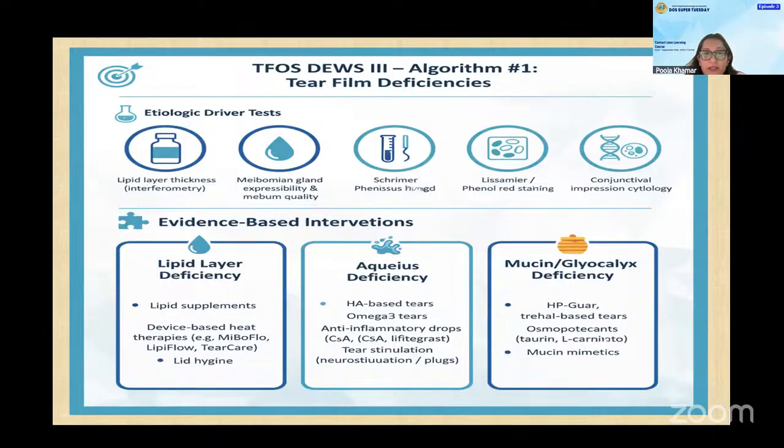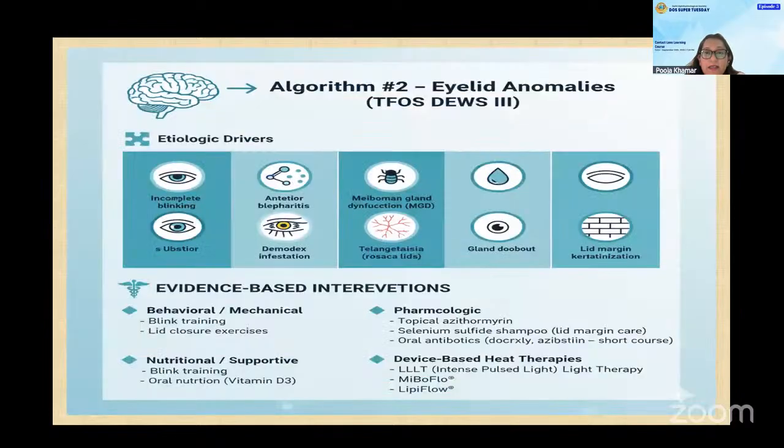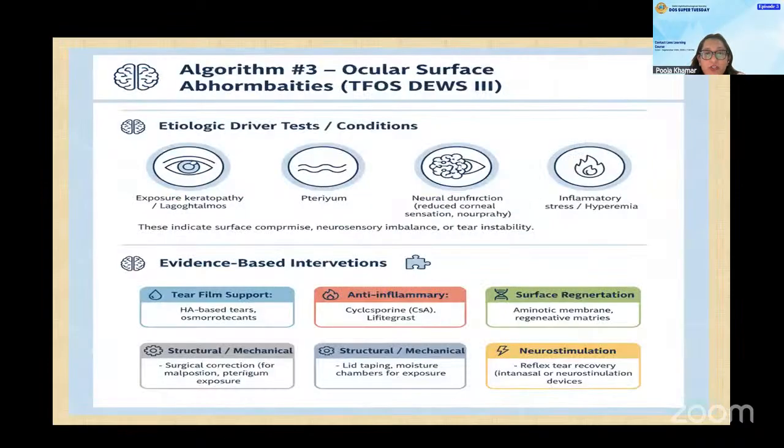Then there are eyelid abnormalities based on your blinking rate, anterior blepharitis, MGD, gland dropout, lid keratinization, demodex infestation, and what your treatment should be. And if it's an ocular surface abnormality, then you have to classify the etiologic driver test or condition, and based on that you advise the therapy.